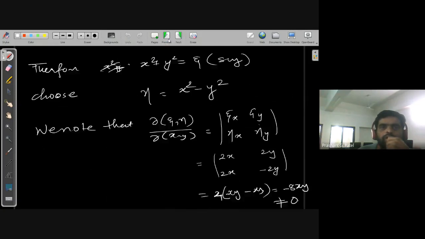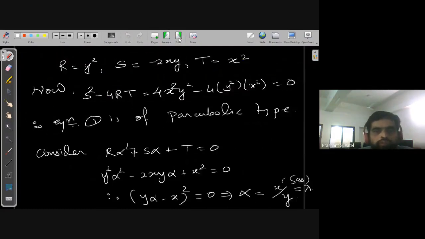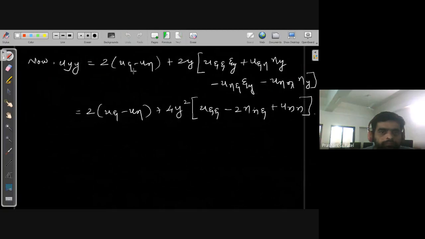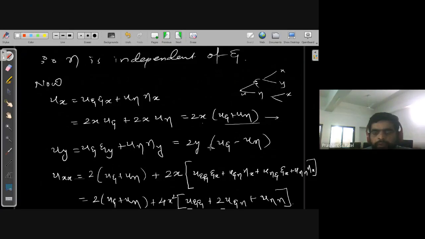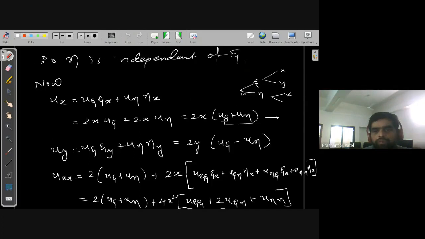Still we need to calculate, in the given differential equation, u xy is also there. So we have to calculate what is u xy. The derivative of this quantity with respect to y. But this is 2x, with respect to y it is constant, so this 2x as it is. Now the derivative of u xi and u eta with respect to y.